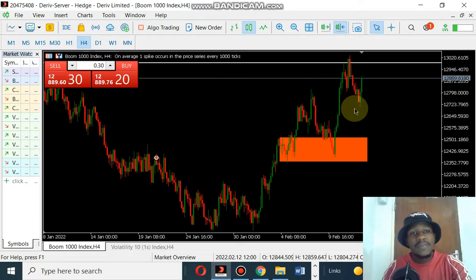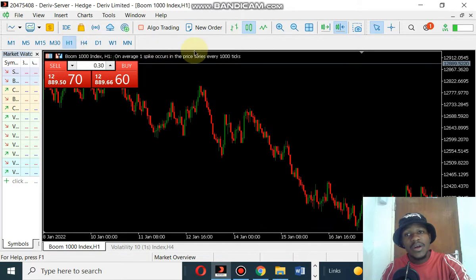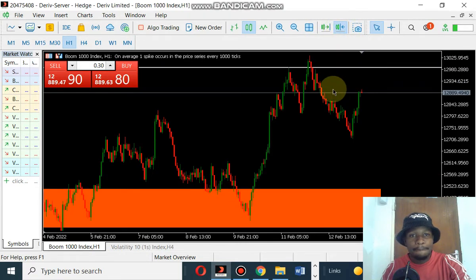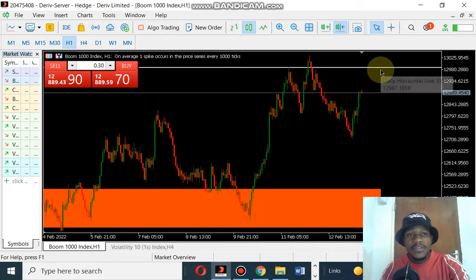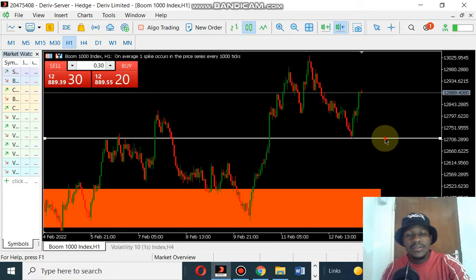Because remember, what is important for us traders is to find a proper entry point. So now I'll go down from H4 to 1 hour. Let me take this horizontal line. Okay, automatically we have this on our left.